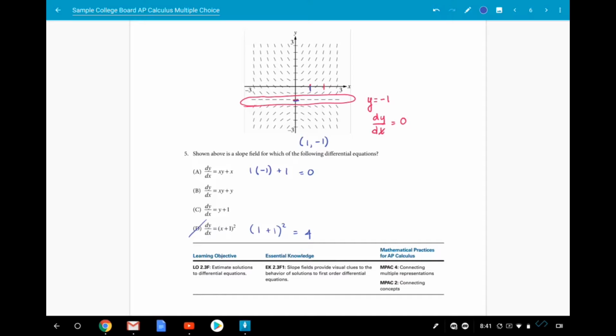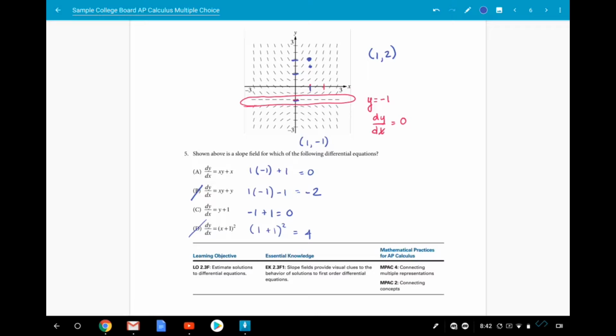What about here? 1 times -1, and then it's going to be minus a 1, so that's -2. Can't be the answer. What about here? So I'm going to get a -1 plus 1, which is 0. So it could potentially be A and C. Let's go ahead and take a look at some other point on the graph where perhaps we can distinguish between A and C. So if I look over here, this point right here, that is the point 1, 2, and it looks like that slope might be somewhere around 2.